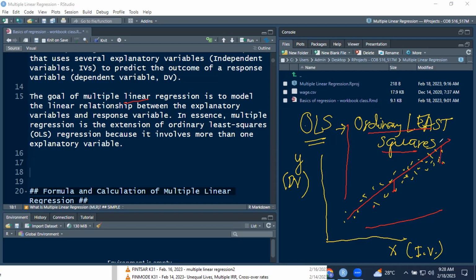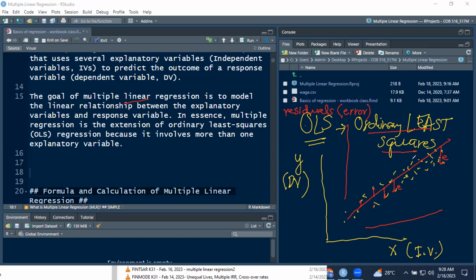So these heights here are what we call our residuals, also known as error terms. This is the actual value and this is our regression line, so we quote unquote missed the mark. So these are our error terms, and we have several of them.